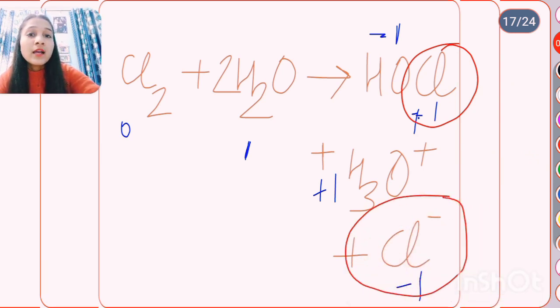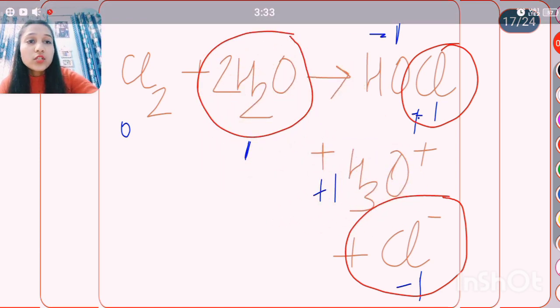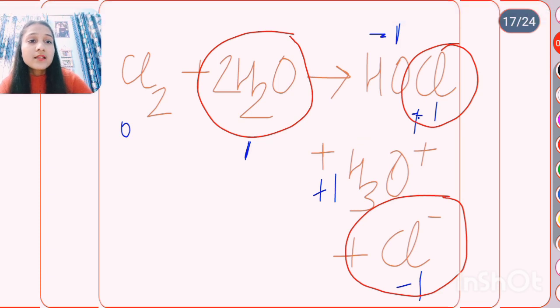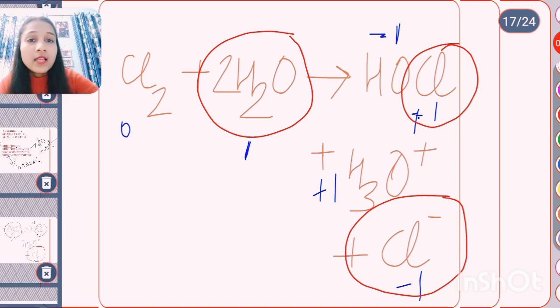So here oxidation and reduction take place in a one step reaction. Also here we have water as solvent, and the water does not remain the same, it breaks into OH and H3O positive. So here solvolysis takes place.